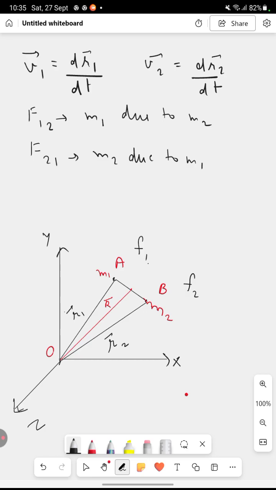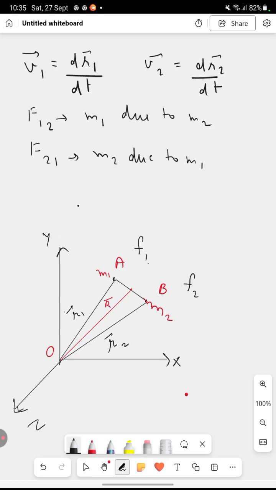According to Newton's second law, the rate of change of linear momentum of a particle is equal to the total force acting on the particle. According to the second law of motion, the rate of change of momentum of any particle is equal to the force exerted on it.